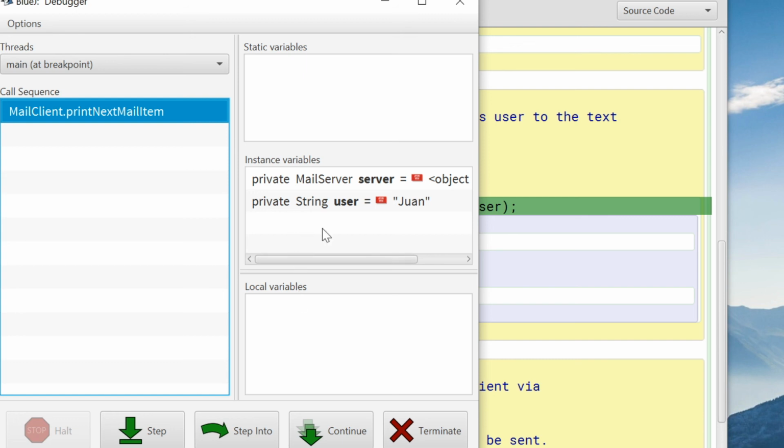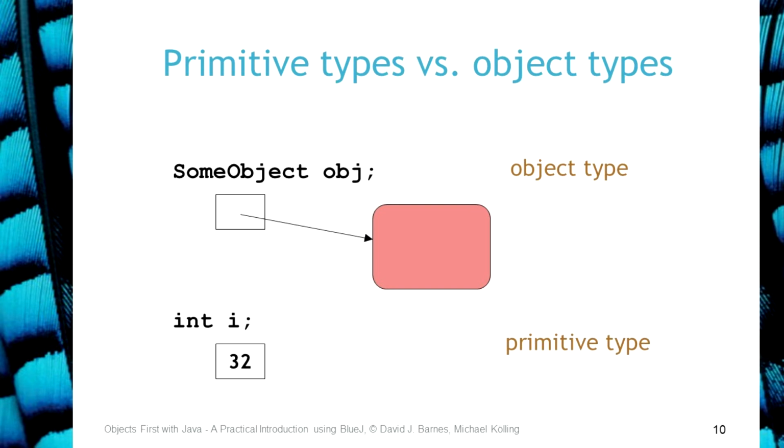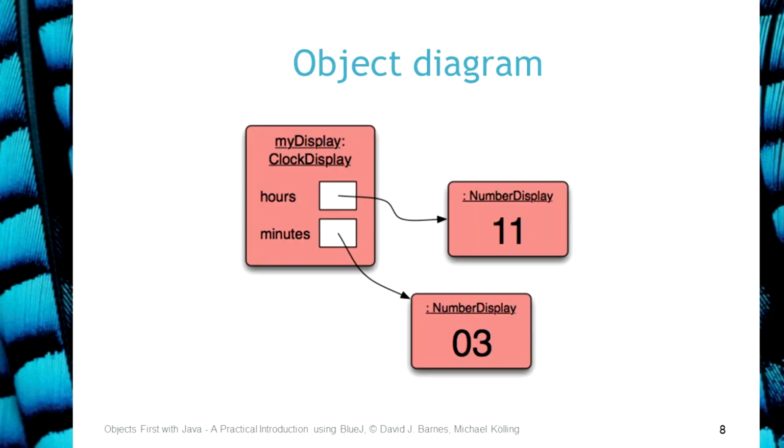So we can see that this object has two instance variables, or fields, which are server and user, and we can also see their current values. The user variable stores the string Juan, and the server variable stores the reference to another object. And the object reference is what we've drawn as the arrow in object diagrams.